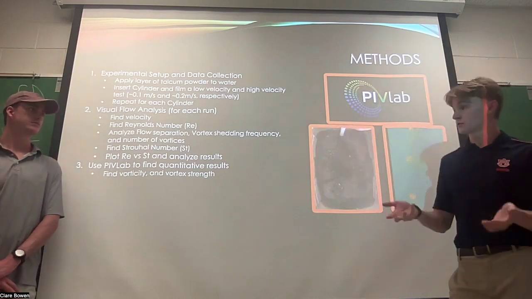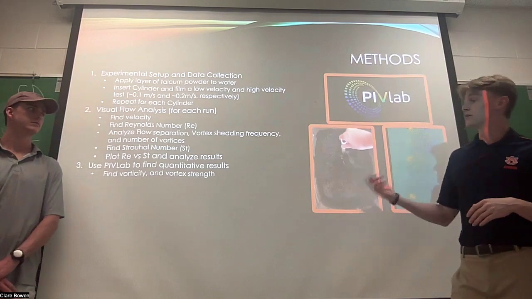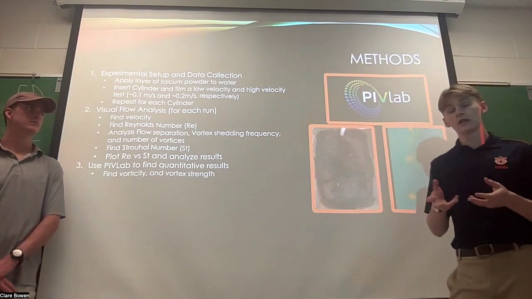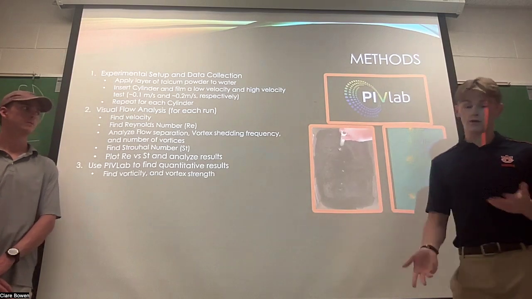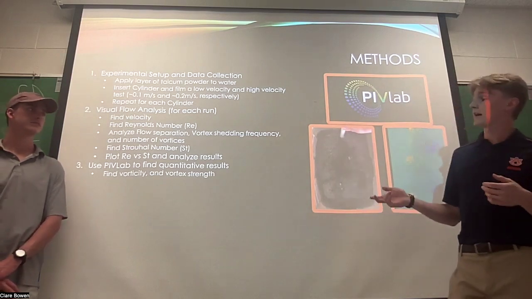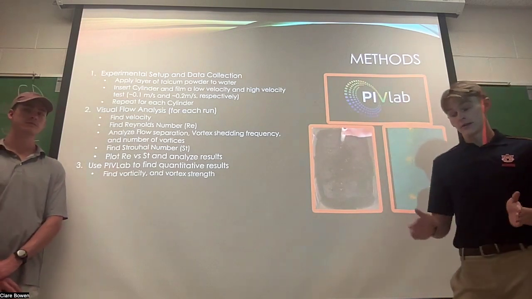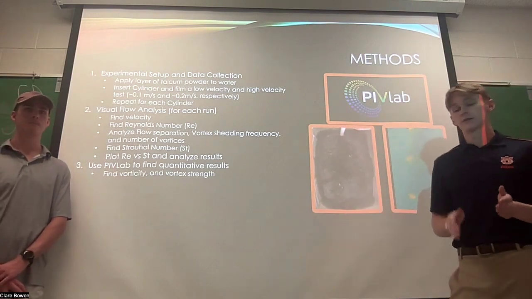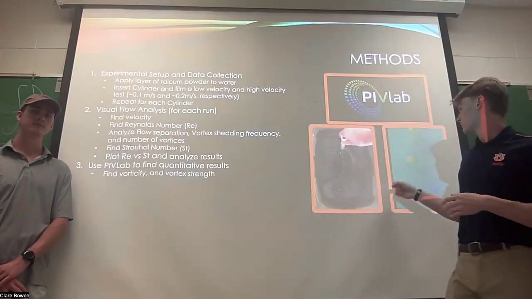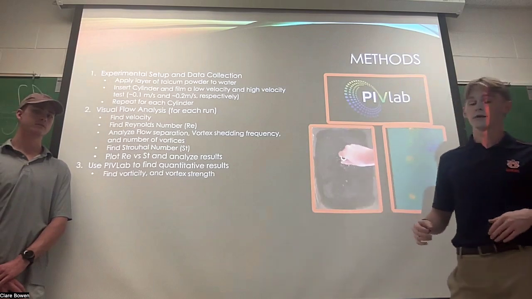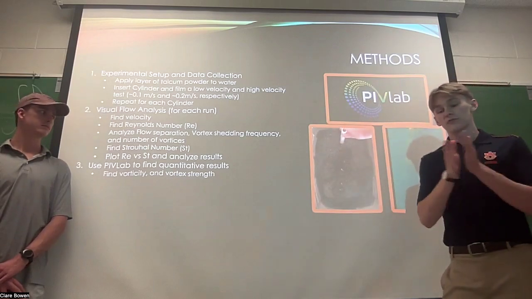After we did a visual analysis of the flow, we then used PIVlab to take the qualitative data of the video and translate it into something more quantitative. PIVlab allows you to give it a video and break it up into frames. For each of these frames, it looks at the small particulates in the flow, which was our baby powder, and goes from frame to frame.